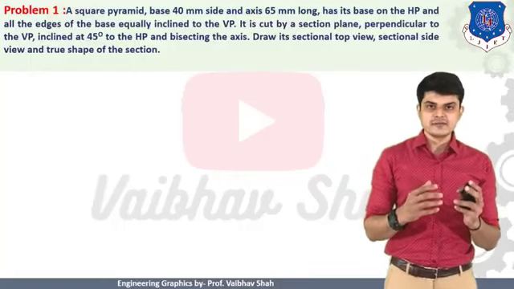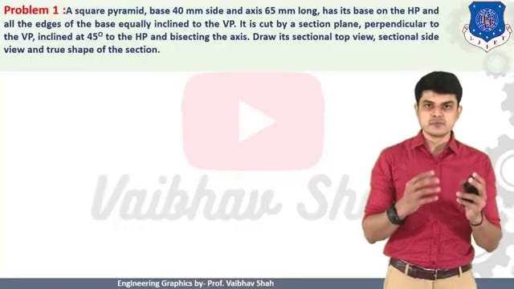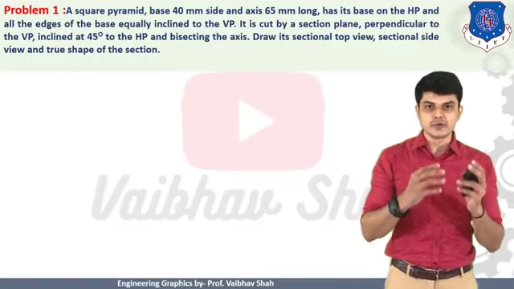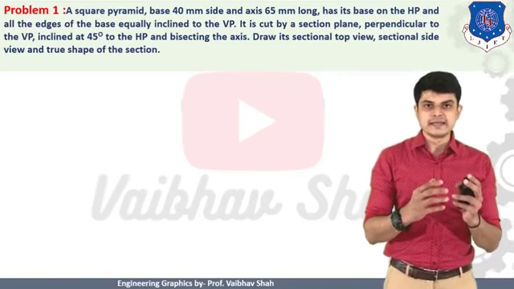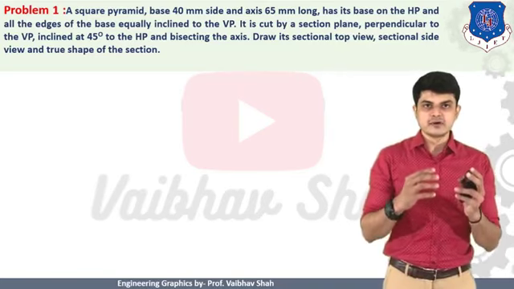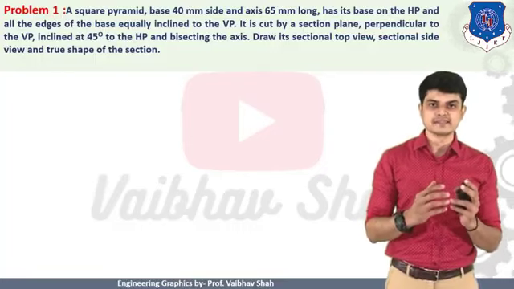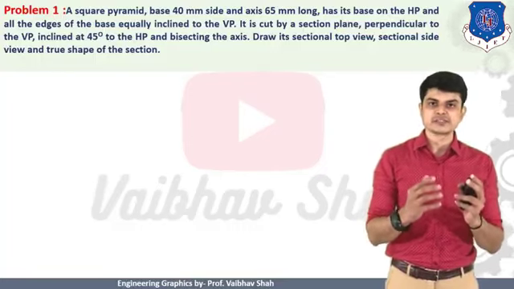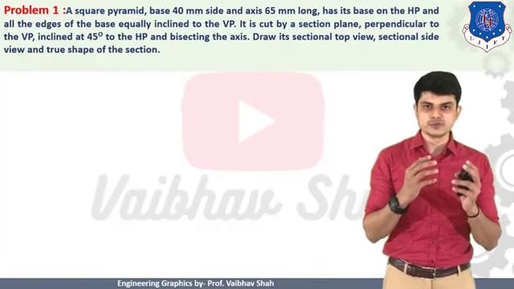Now, whenever the plane is given, the position of the cutting plane must be given. So where to put that cutting plane in order to cut the object? Here it is said that your cutting plane is bisecting the axis. So you should find the midpoint of the axis and at that point construct this cutting plane. After that it is said which views you should draw.